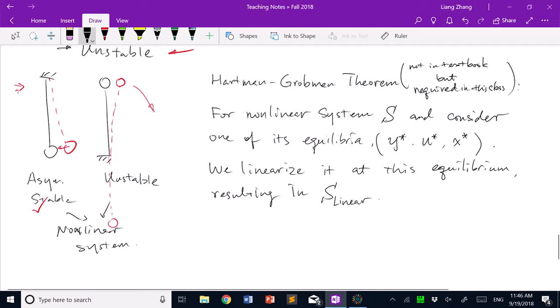Now here's the conclusion. When you have this linear system, you can use the eigenvalues or the characteristic roots from your 3101 class material to determine its stability.